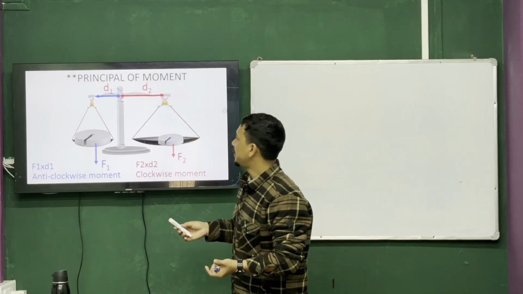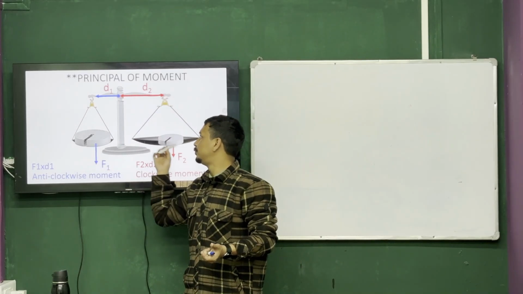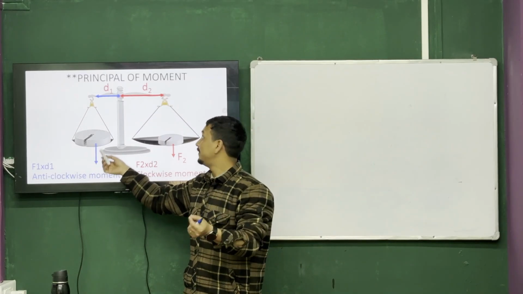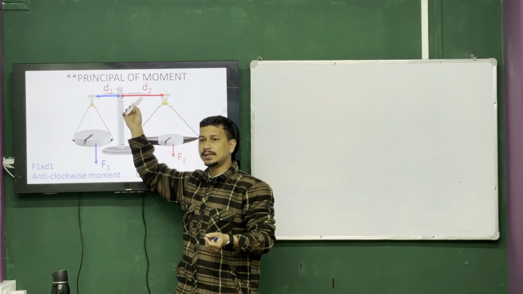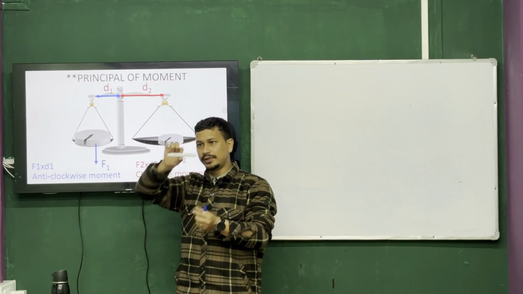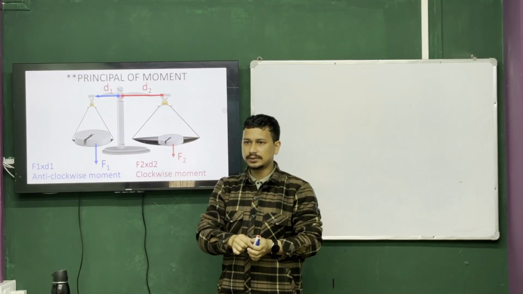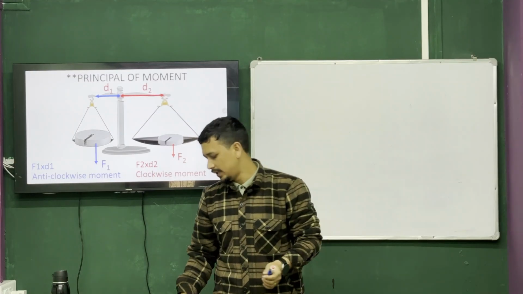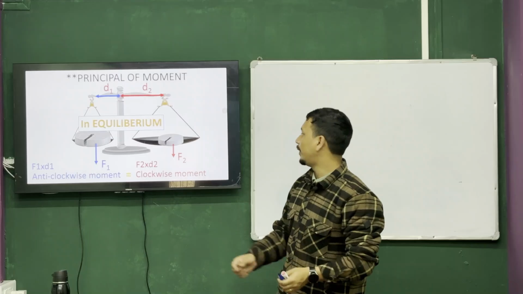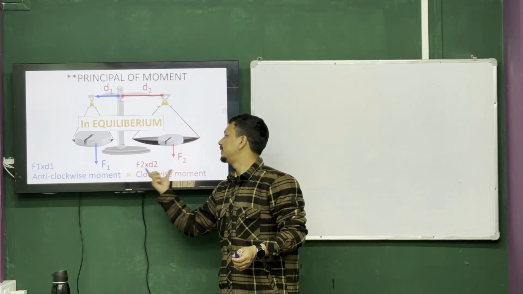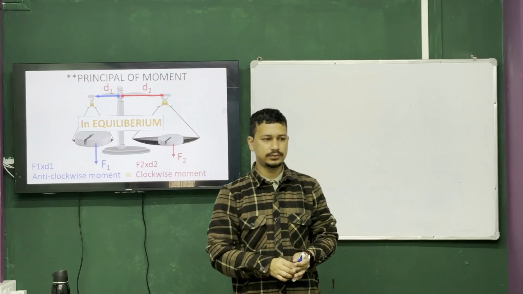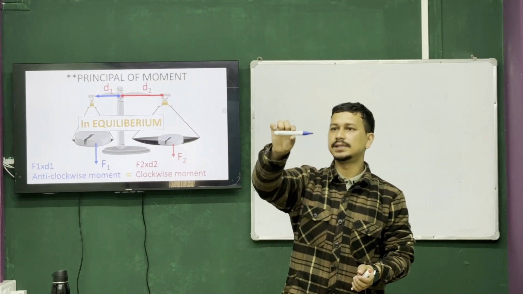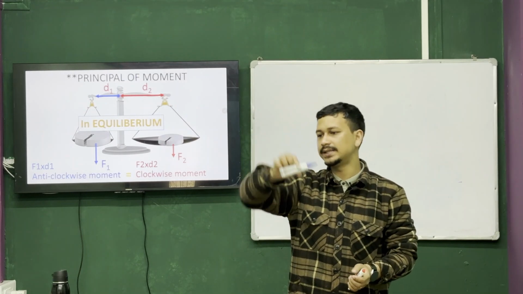Not really, Zishan, because if the two forces are equal, even then, because of the difference in the distance, the torque will be different. So if the torque is different, it will cause it to rotate. Yes or no? Okay. So it will be in equilibrium when the anti-clockwise moment is equal to clockwise moment. You got it? Okay. So that it does not cause any rotation on any side.